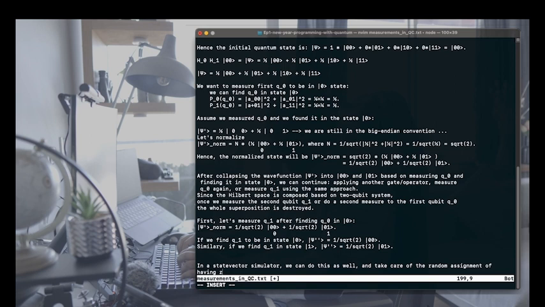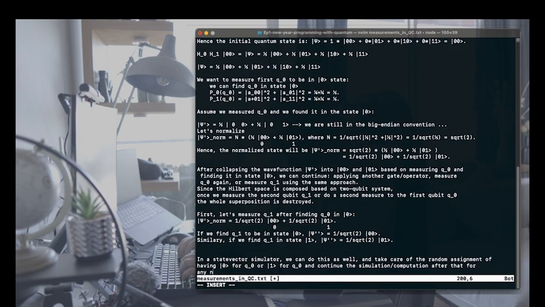Based on these random assignments, we continue in these scenarios, whether we go for a second measurement of Q0 or we measure the second qubit Q1. And hence, this is how we would perform the simulation for any number of shots, basically.